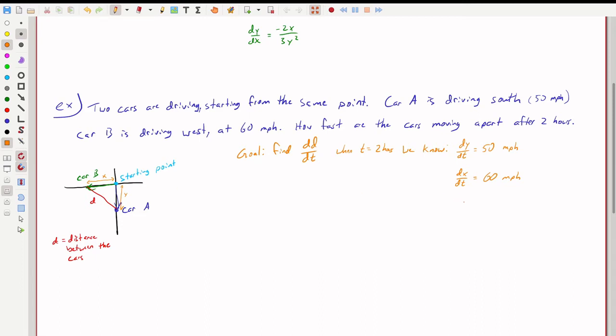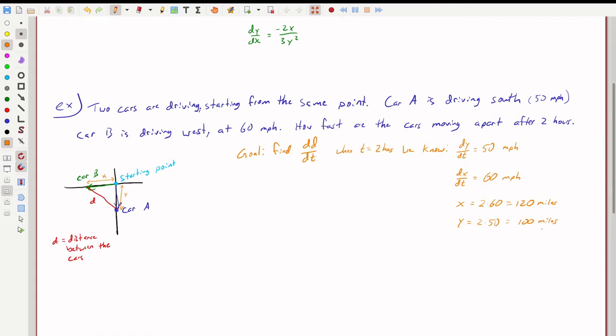I know that if car B has been traveling for 2 hours and it's traveling at 60 miles per hour, then the distance is going to be 2 times 60, or 120 miles. And similarly, if car A has been driving for 2 hours at 50 miles per hour, then the distance that it has traveled is 2 times 50, or 100 miles.